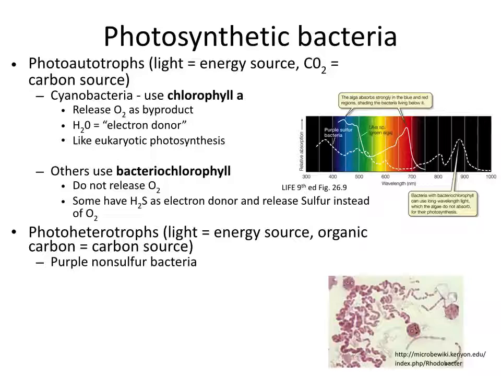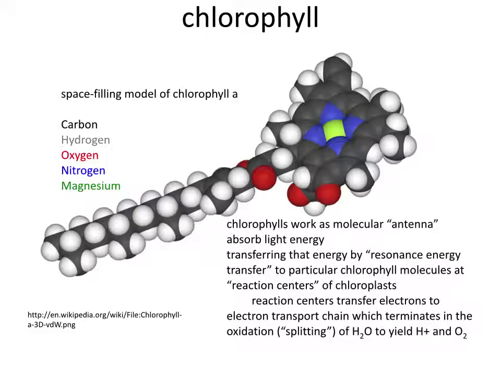So it would be advantageous for them to evolve towards a different wavelength. And so by the time you get a few layers of photosynthetic organisms down through the water column, there might not be much left, but there might be some wavelengths that haven't been exploited yet. So then it would be advantageous for the photosynthetic organisms down below to tune their pigments to absorb whatever wavelengths are left. So what is chlorophyll?